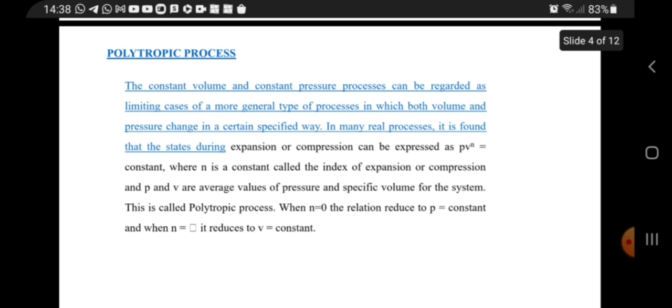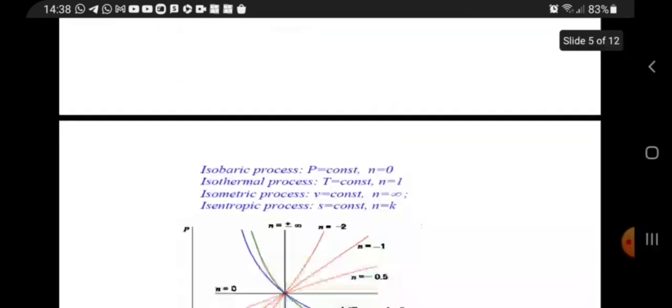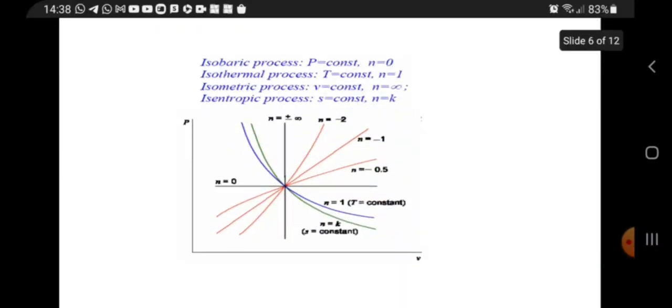When n is equal to 0, the relation reduces to P equal to constant, and when n is equal to infinity, it reduces to V equal to constant. That is the chart: isobaric process, P equal to constant, n equal to 0. Isothermal process, T equal to constant, n equal to 1. Isometric process, V equal to constant, n equal to infinity.